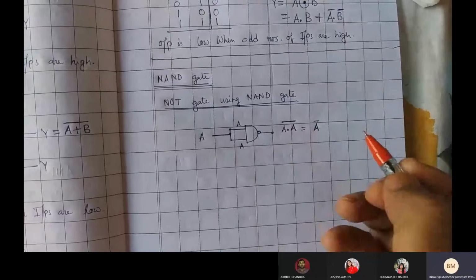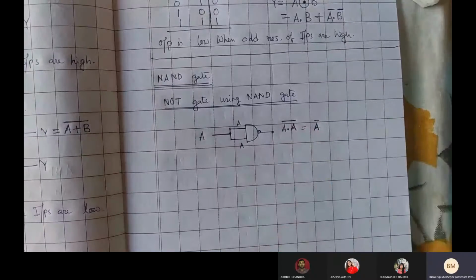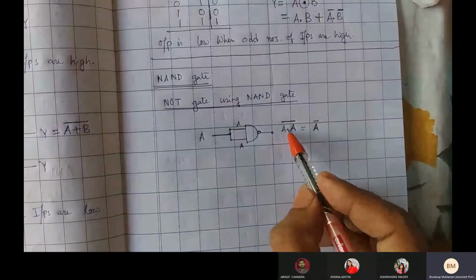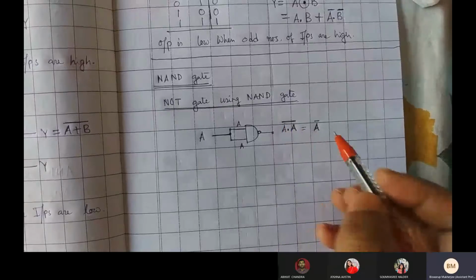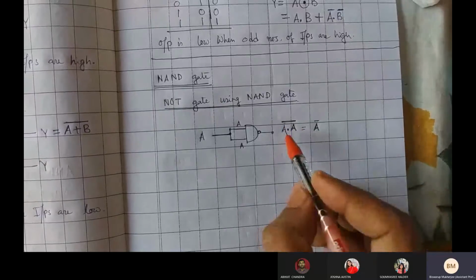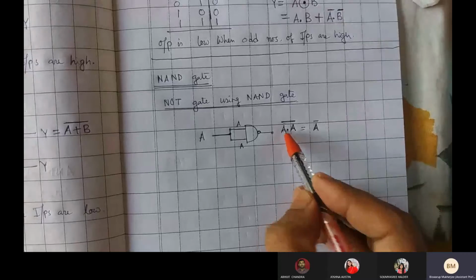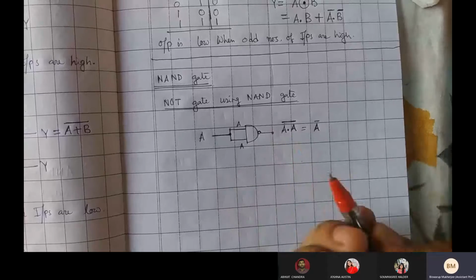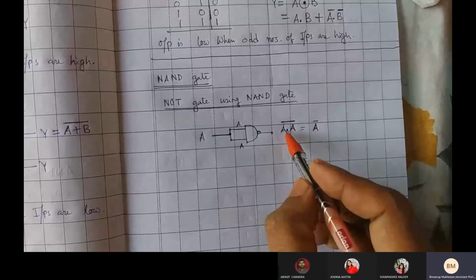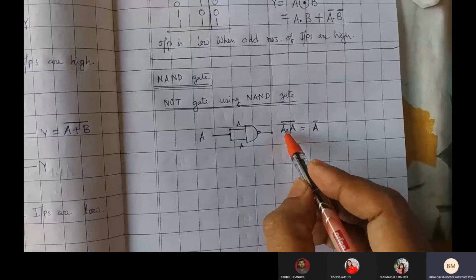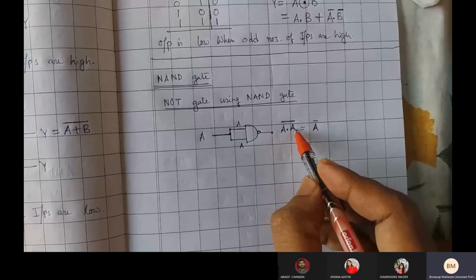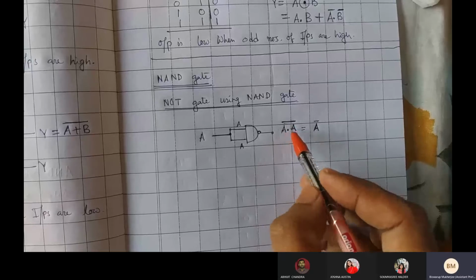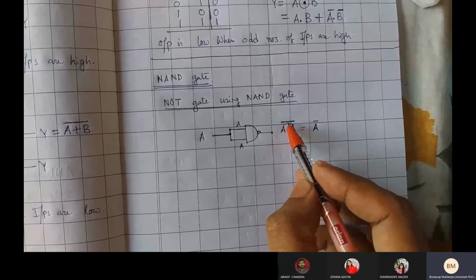Make sure that A dot A whole complement is equal to A complement. We'll be discussing that while going through Boolean algebra. Why? Because A can be either 0 or 1. If A is 0, then 0 dot 0 means 0, and that would be 0 complement.